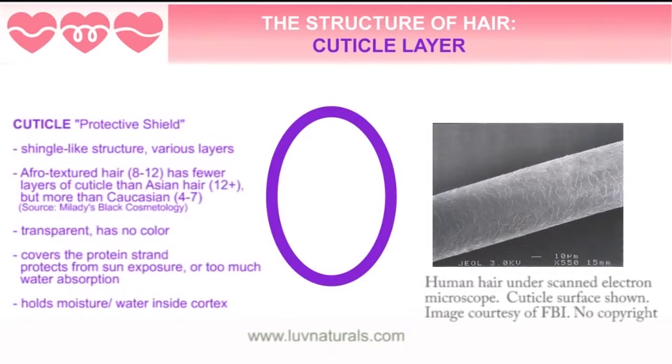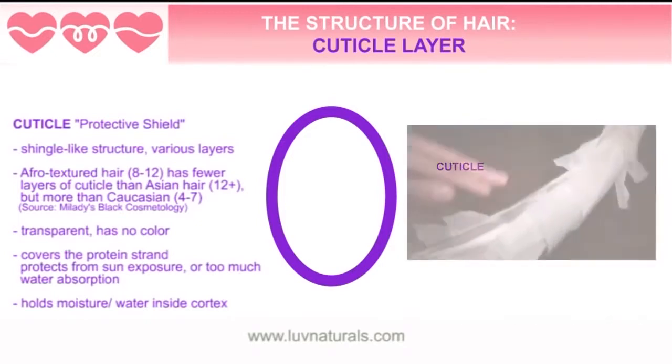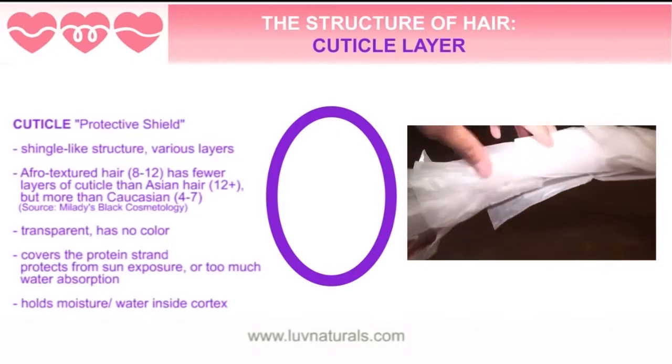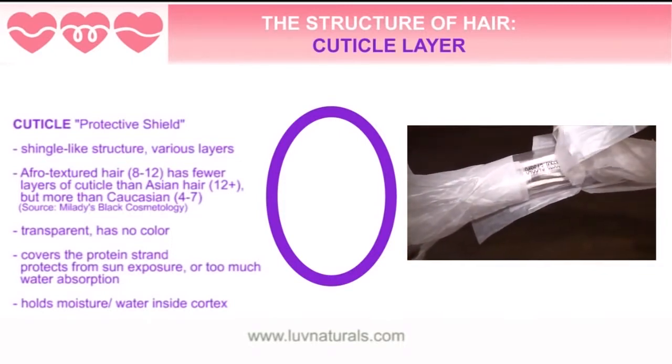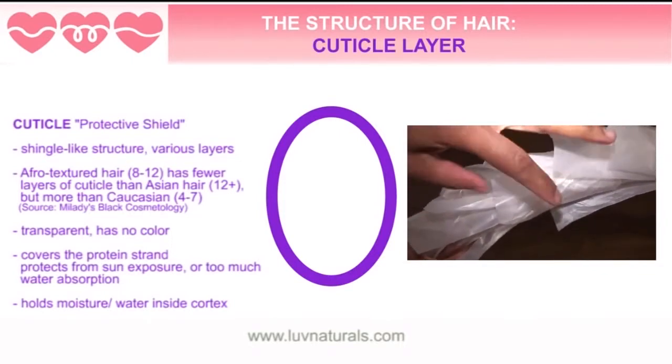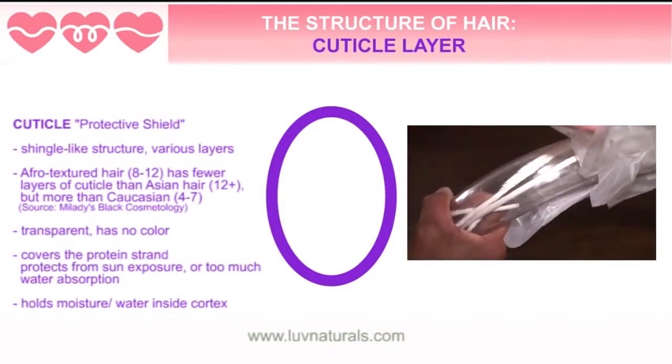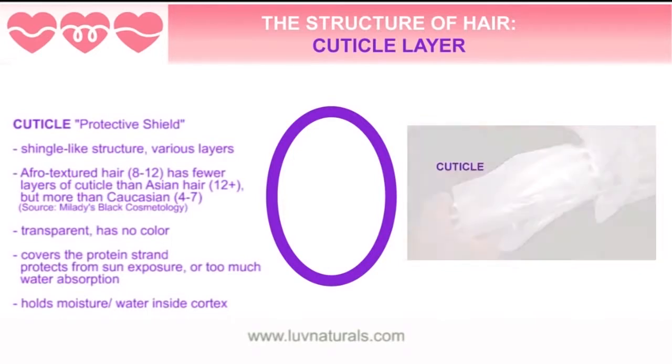It is actually transparent. Cuticle has no color. And if that confuses you, well, just look at your fingernails. The cuticle layer covers and protects the protein strand from the outside elements, including sun exposure. And most importantly, the cuticle layer holds moisture in your hair.